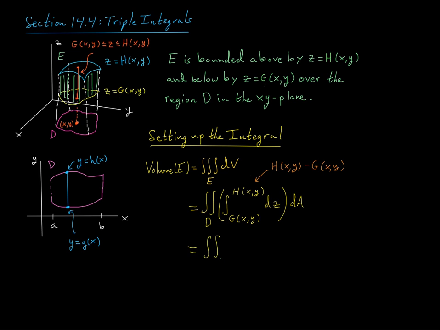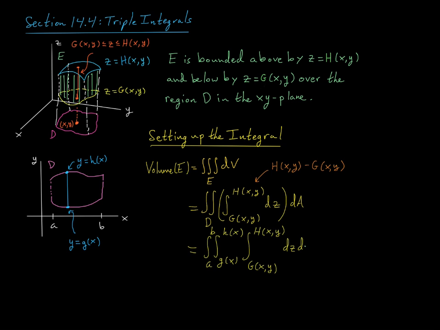So as an iterated integral, this would say let y vary from the bottom curve g of x to the top curve h of x. And then you're going to let x vary from a to b. And the thing we're integrating is itself an integral from bottom surface capital G to top surface capital H. And then the order of integration here would be dz for the pillar height.